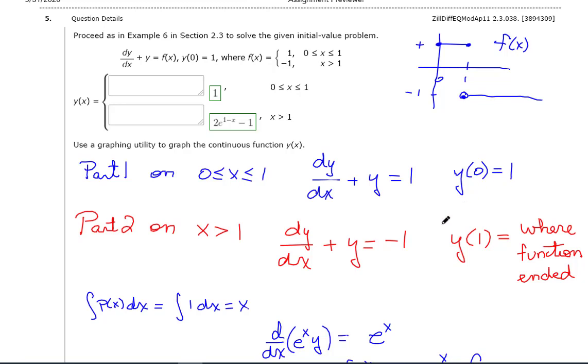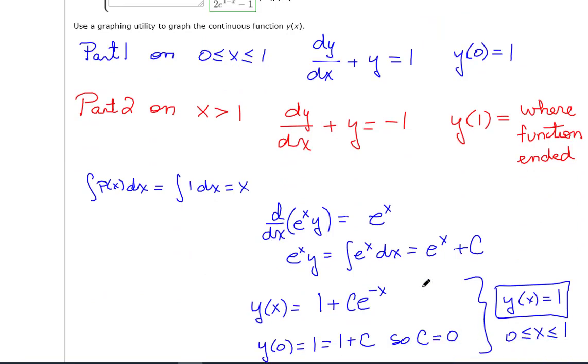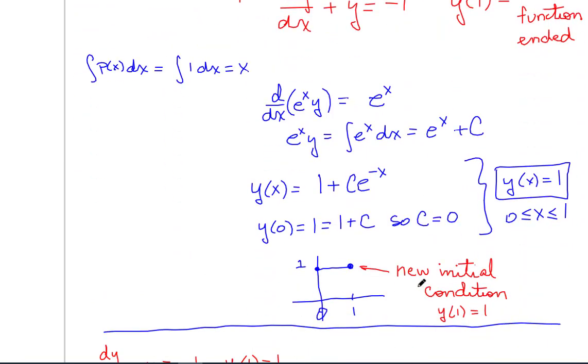All right, so I need to solve this on part 1, which is fairly easy. My integrating factor is e to the x. I'm integrating e to the x, which is e to the x, and dividing through, I get y of x is 1 plus c e to the minus x.